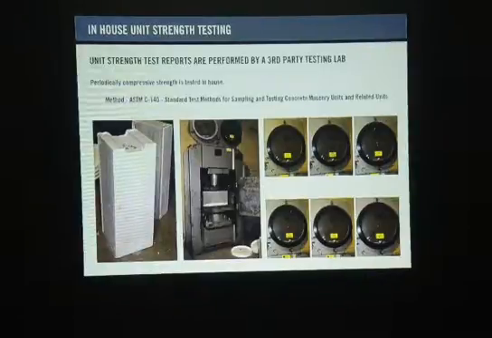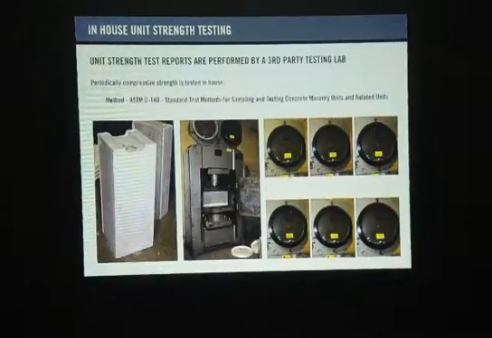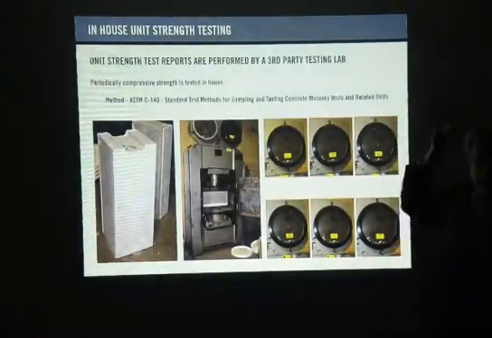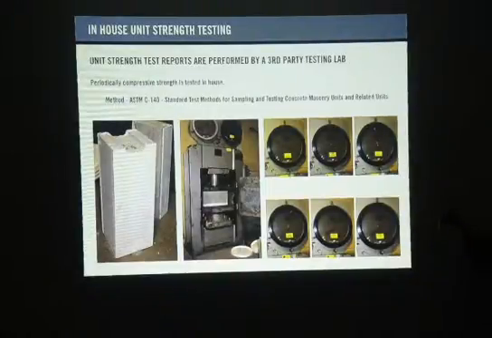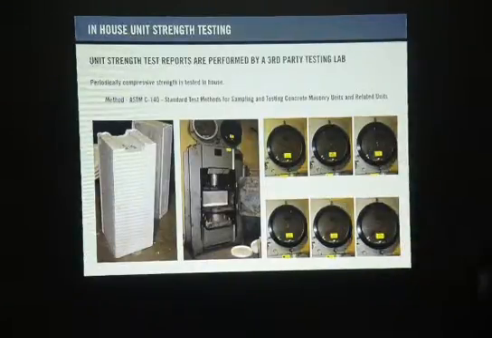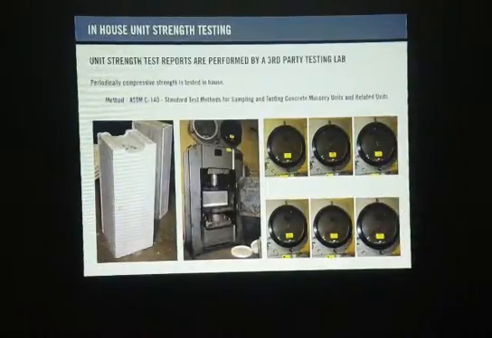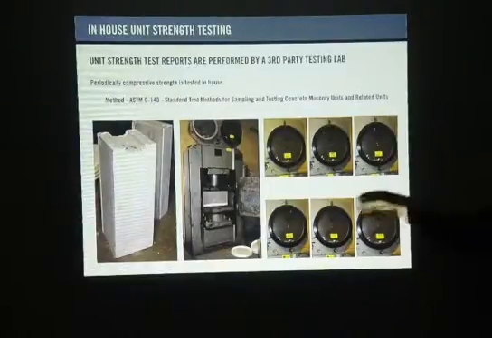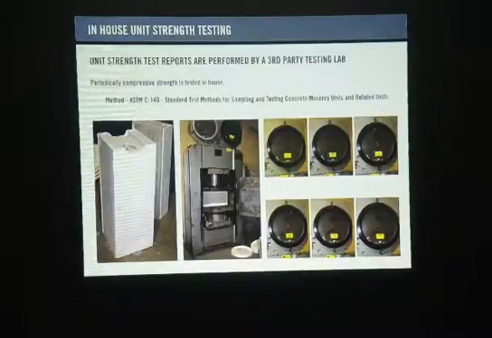This is the unit strength test. Okay, it's always going to be done by a third-party testing lab. Okay, and here we see different higher arrow points. So that means that the compressive strength is actually being tested as high as it can go. We want to see what the failure rate is going to be.